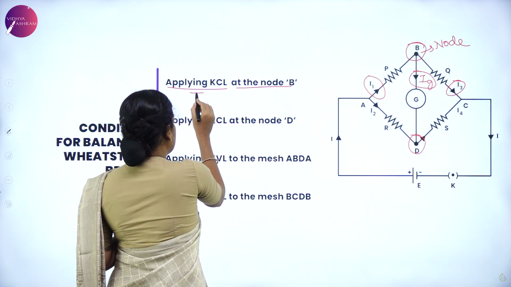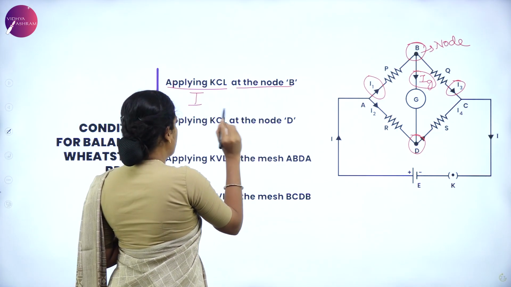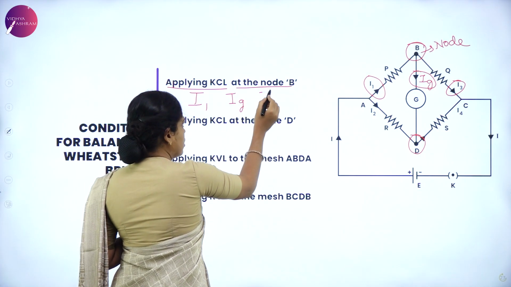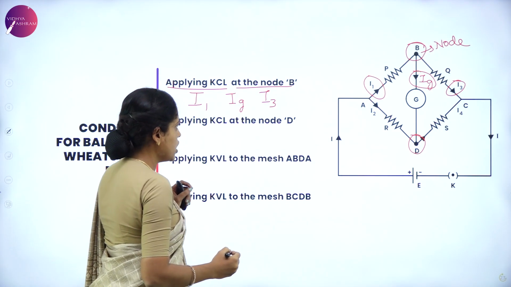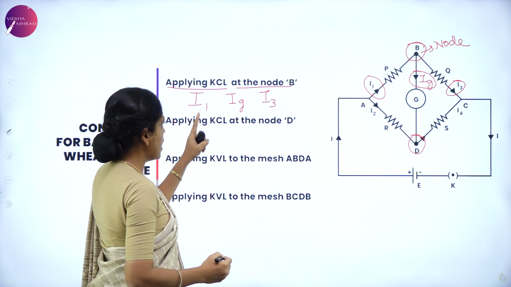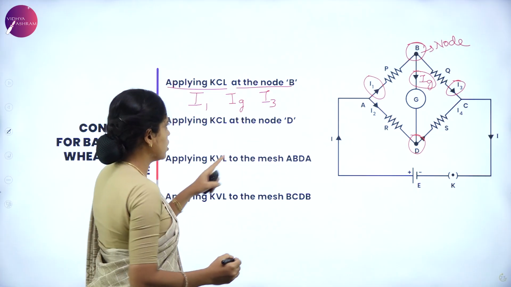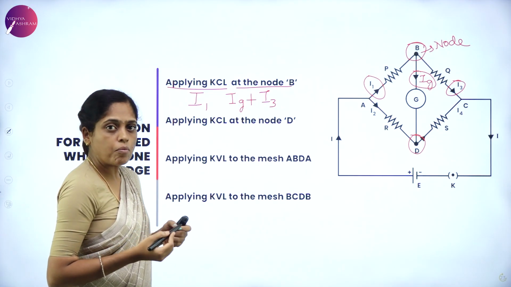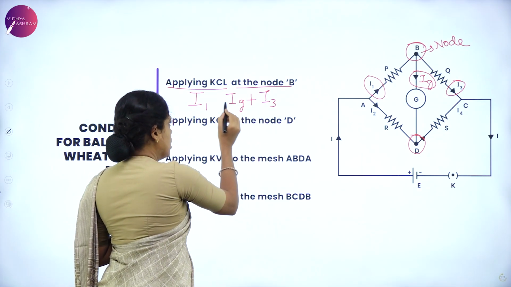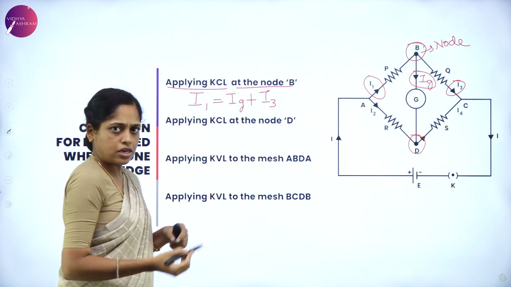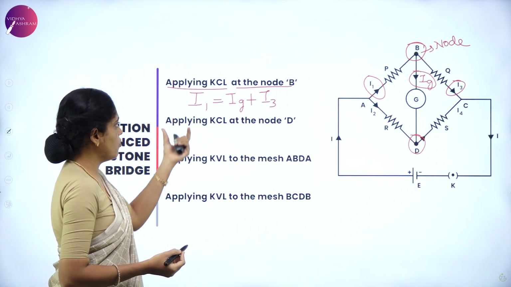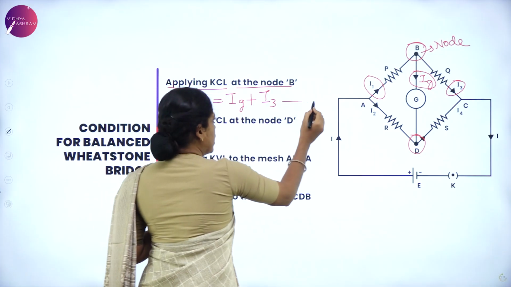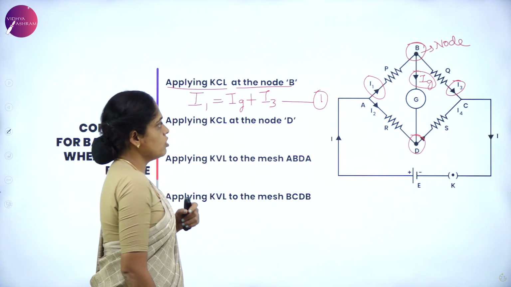So we have the 3 currents at node B: I1, IG and I3, in which I1 is entering, and IG and I3 are leaving. According to the law, the sum of leaving currents is equal to the sum of entering currents. So by KCL, we have I1 is equal to IG plus I3. Let us consider this as equation 1.